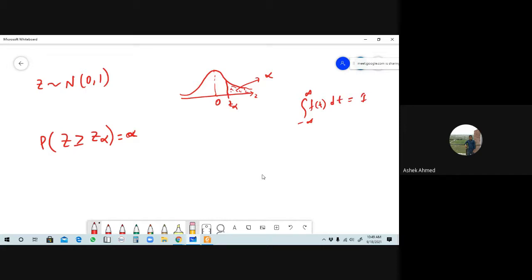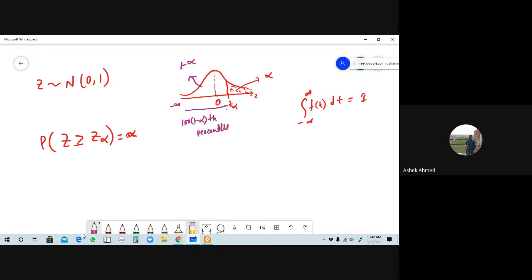So if this area is alpha, then the area from minus infinity to z sub alpha will be 1 minus alpha. So the point z suffix alpha is called the 100 times (1 minus alpha) percentile. Is it right?